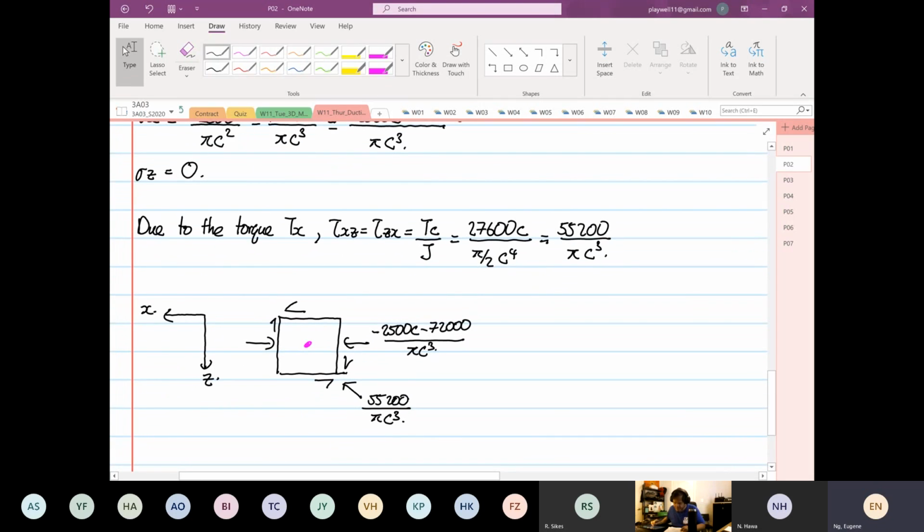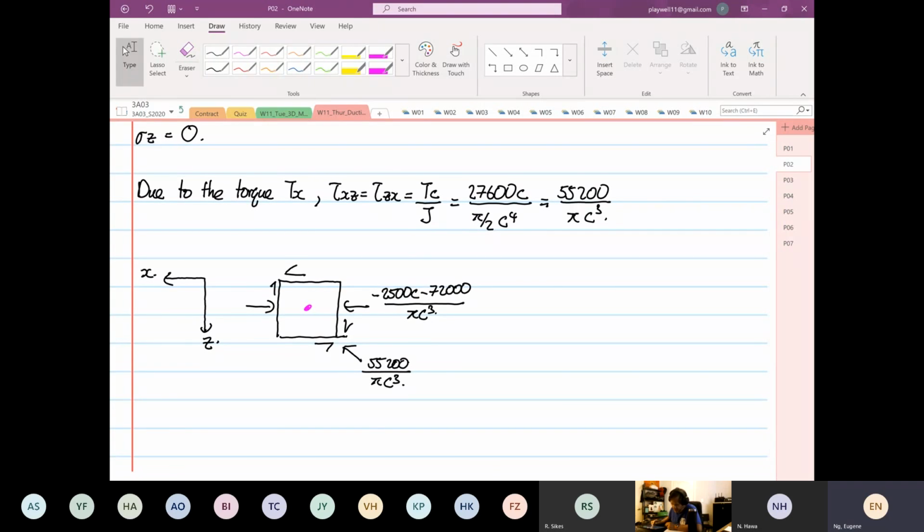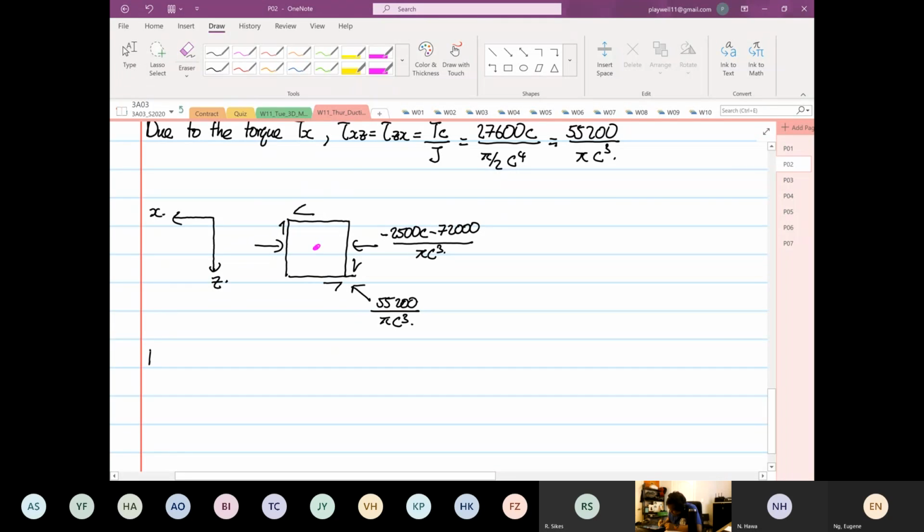So from here, the next thing we have to find is our stress A and stress B. And we have to ensure that when stress A minus stress B, over 2, has to be less than tau max, or the same expression where stress A minus stress B is equal to 2 tau max, or less than 2 tau max.